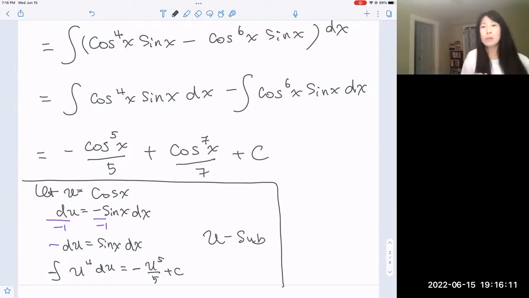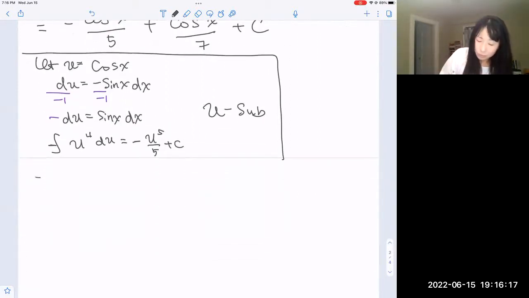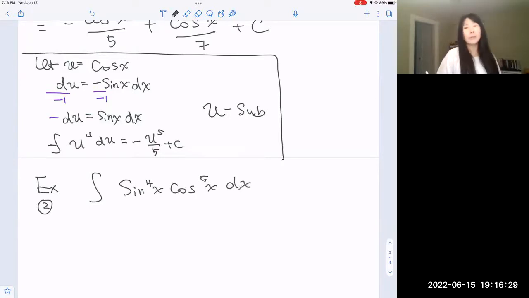All right, now let's move on. Now we have sine to the fourth power, cosine to the fifth power dx. Which one has the odd power? Cosine, good.